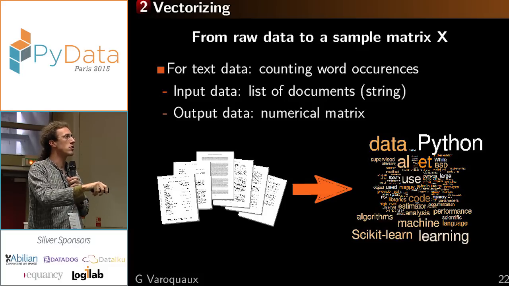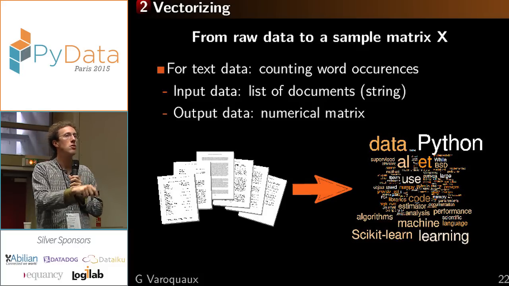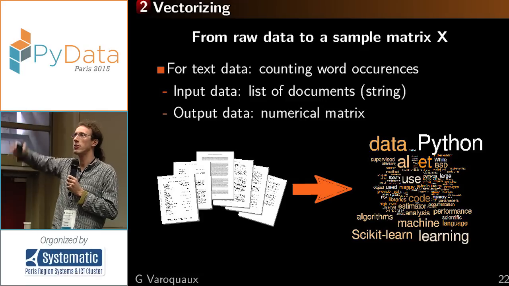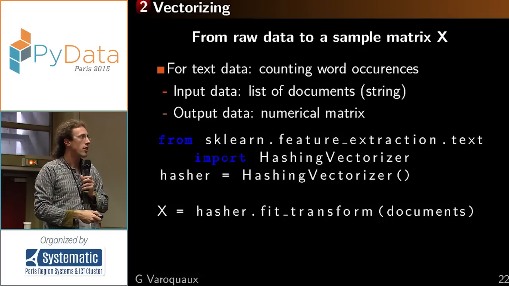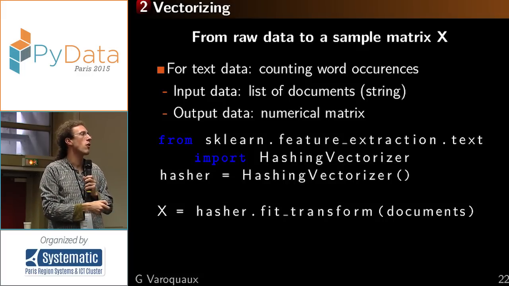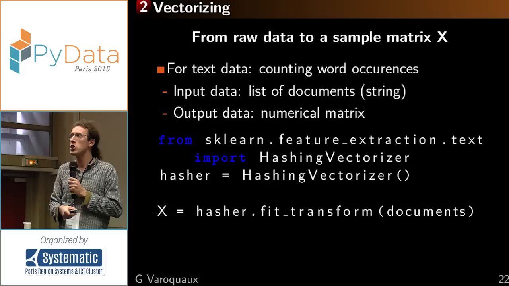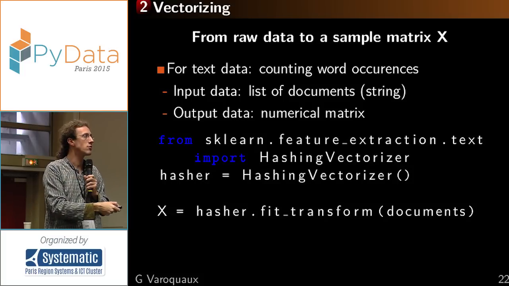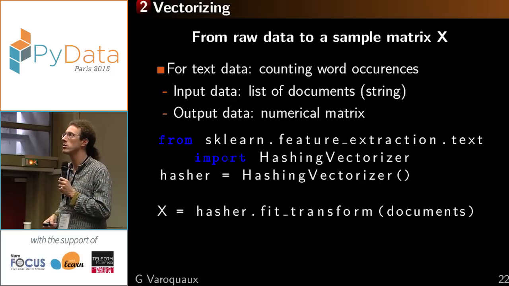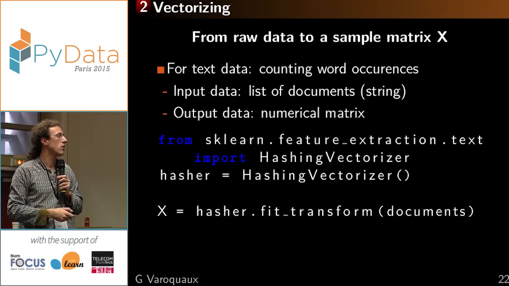And I will therefore transform my list of strings into a set of numerical vectors, which are the word occurrences. Okay? In scikit-learn, this can be done using what we call a vectorizer, which is a transformer, just like we've seen before. So you give it a list of strings, and it outputs a numerical matrix.